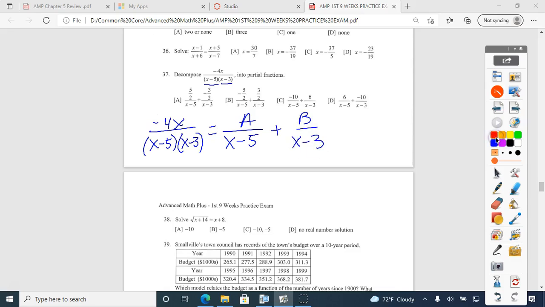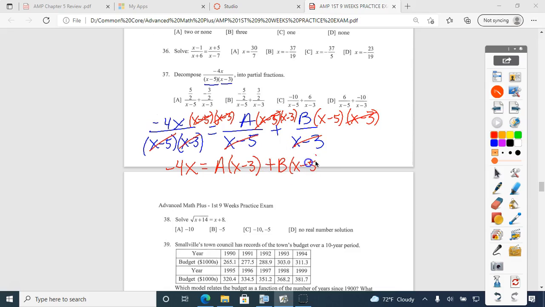You're going to multiply everything by the denominators, x minus 5 times x minus 3. And what that does is everything cancels over here. So you're left with negative 4x equals here. The x minus 5's cancel. You're left with a times x minus 3. Plus here, the x minus 3's cancel, and you're left with b times x minus 5. Okay?